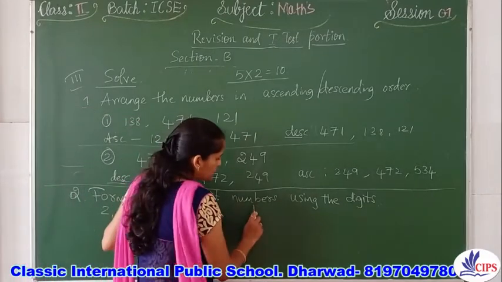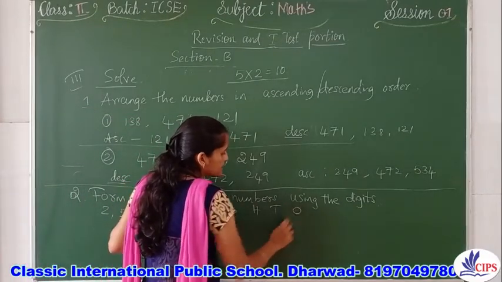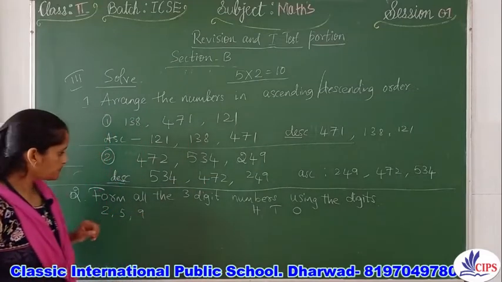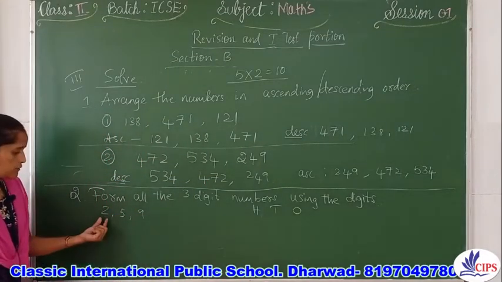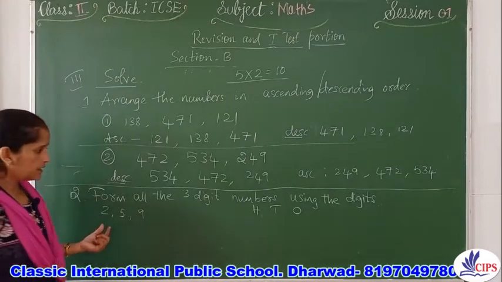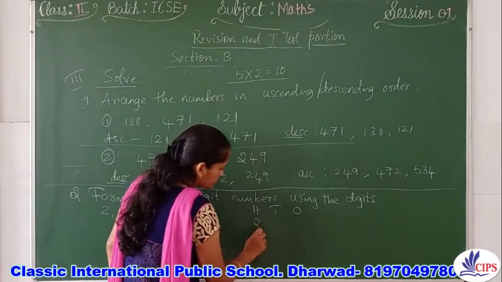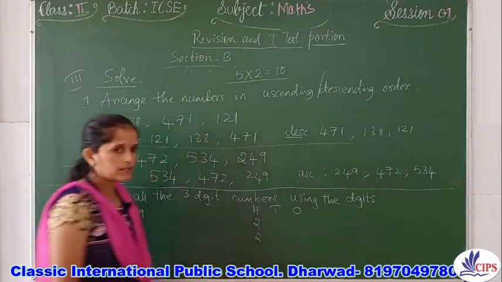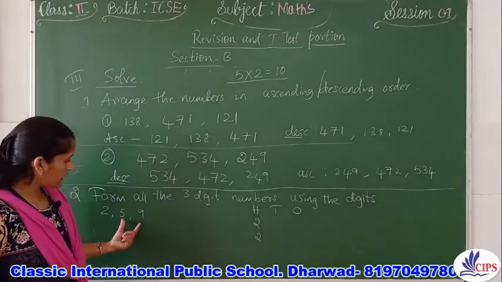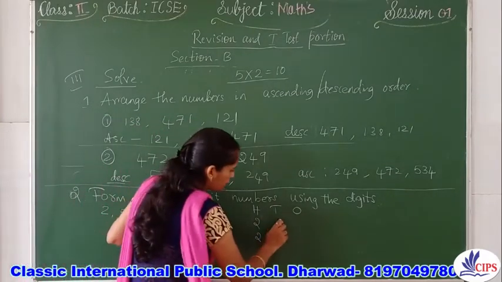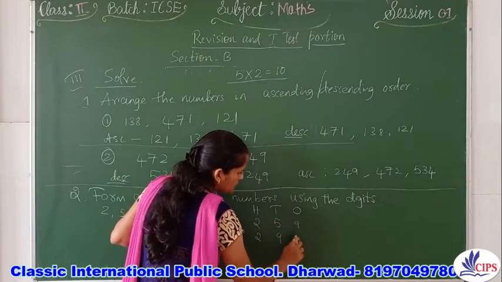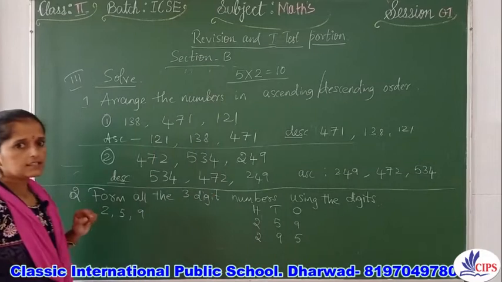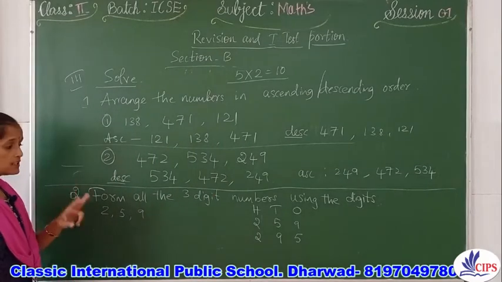So 3 numbers means hundreds, tens and ones. See what we have done. First we'll write the first number in two places. 2 times I am writing. The rest of the numbers, 5 and 9, I am writing here as 5, 9, and only these numbers I am reversing.